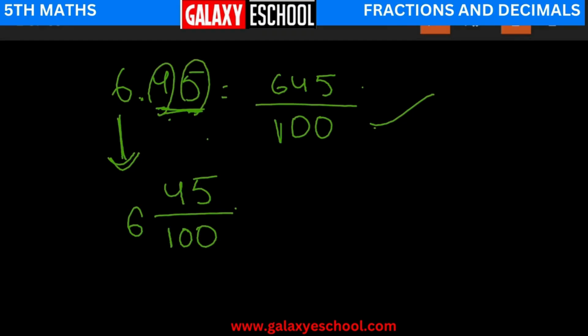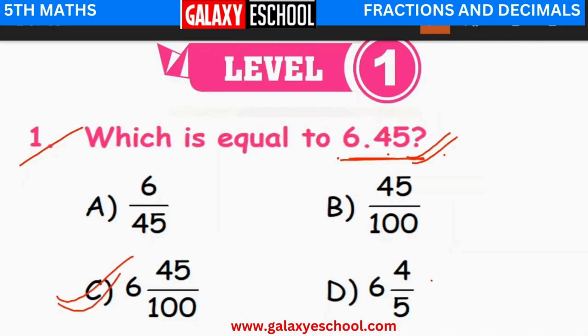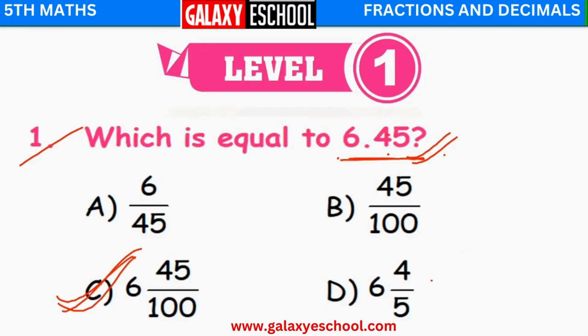Understood children? If you want to write it in the form of an improper fraction, it would be 645 by 100. If you want to write it as a mixed fraction, the whole number part will be written separately. Now from the given options, option C, 645 by 100 will be our correct answer.